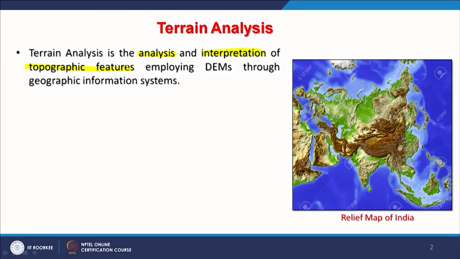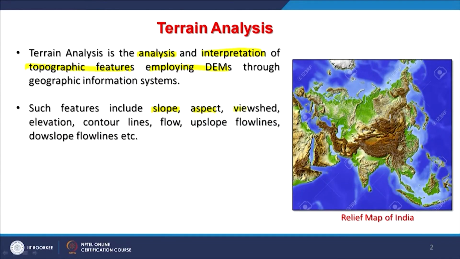And in this GIS platform, to do this kind of topographic feature analysis and interpretation, we employ digital elevation models. So this is, in very simple words, how we can define terrain analysis.